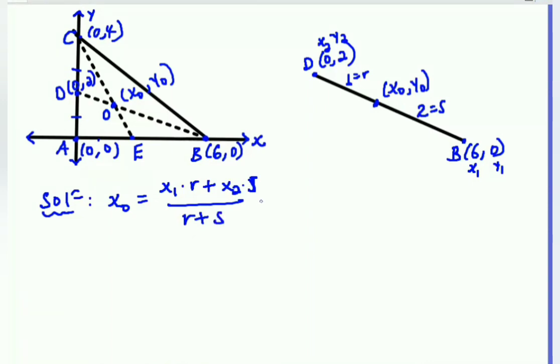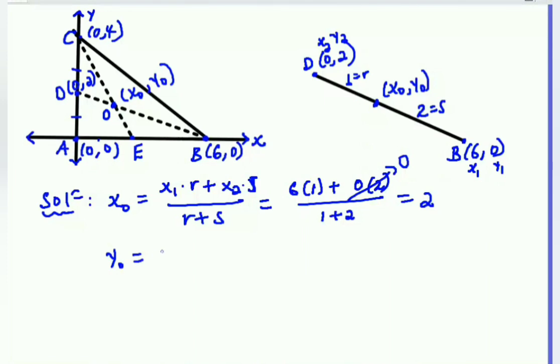Substitute everything here: x1 is 6 times r plus x2 is 0 times s, over r plus s. Definitely this part is 0, 6 times 1 is 6, 6 over 3 is 2. Our x naught is 2.